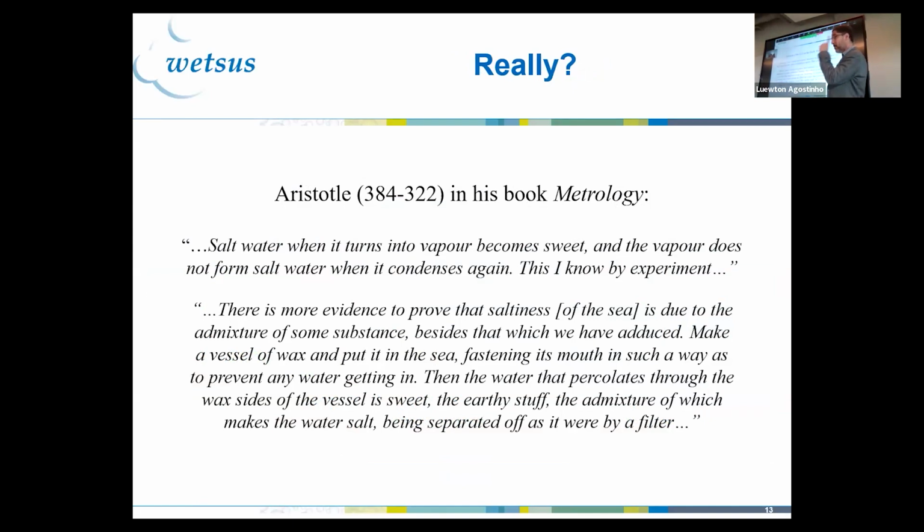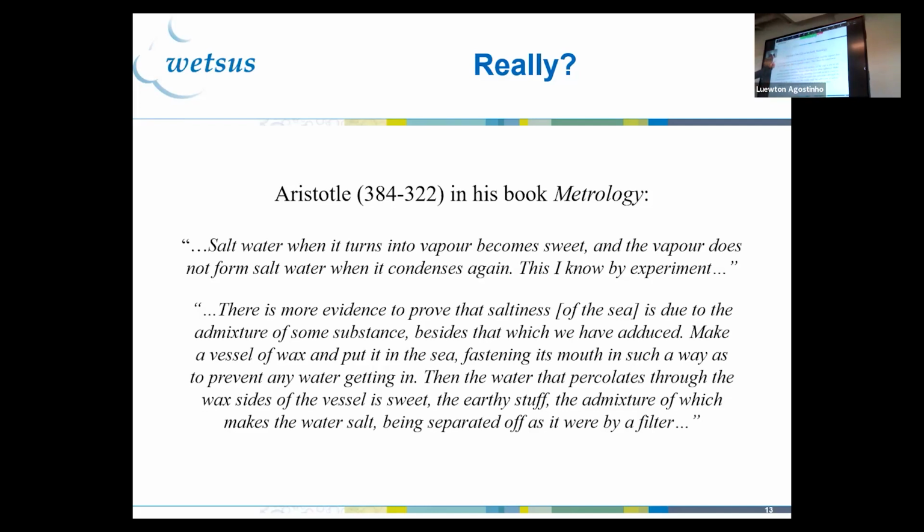Aristotle, in his book Meteorology, said, salt water, when it turns into vapor, becomes sweet. And the vapor does not form salt water when it condenses again. This is known by experiment. So Aristotle, in 384 to 322 BC, before Christ, already tested thermal desalination.